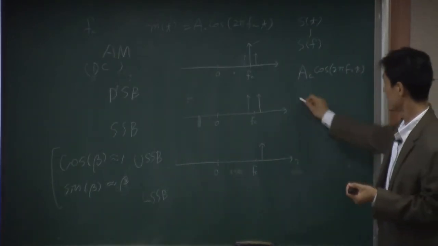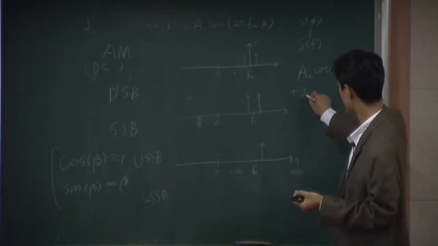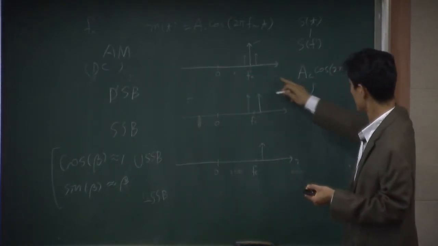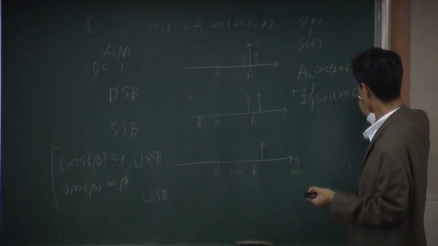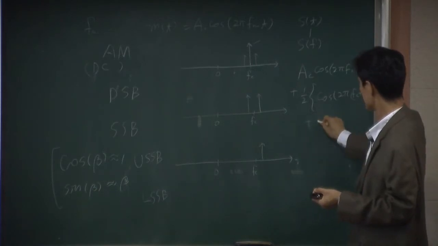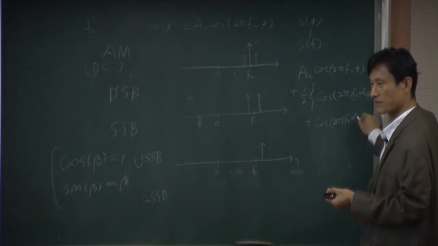Plus the sidebands, we have a half of cosine 2 pi (fc plus fm) t plus cosine 2 pi (fc minus fm) t.